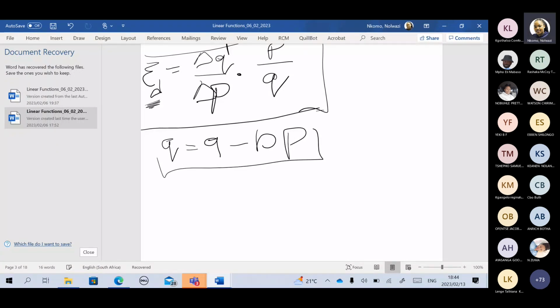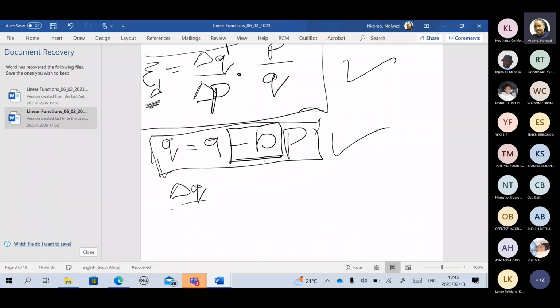Remember, this is the general equation for the demand function, and we said the slope here is minus B. So if you compare these two, this means the change in Q over the change in P for a general demand function will always be equal to minus B, right?